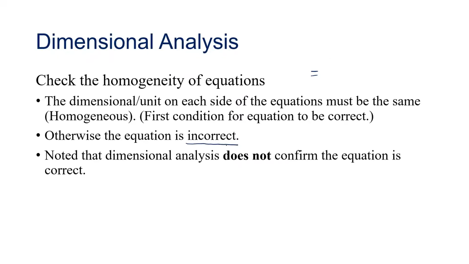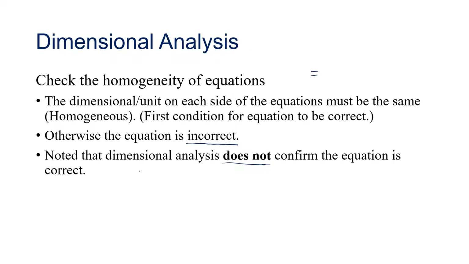That means it is definitely incorrect. So again, I will emphasize, if in dimensional analysis we find that these two sides have the same unit or dimension, it does not confirm the equation is correct. It does not. This is just the first condition.